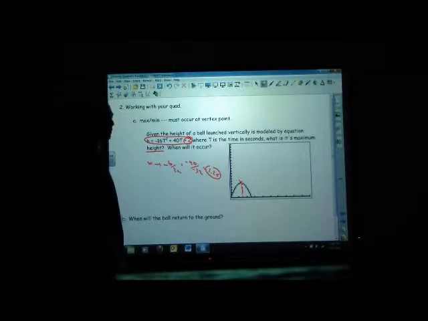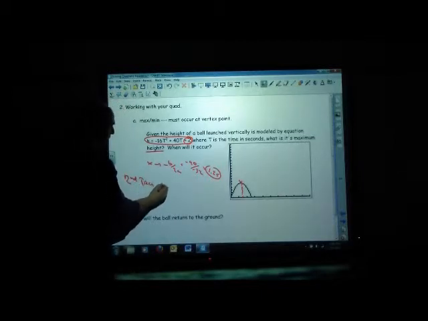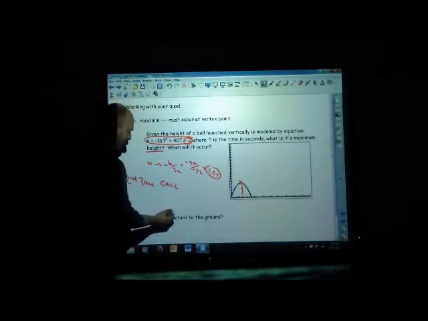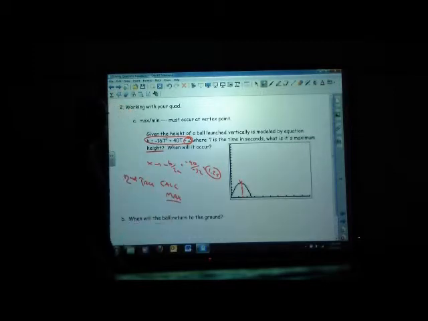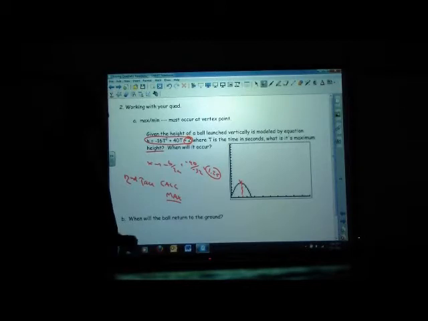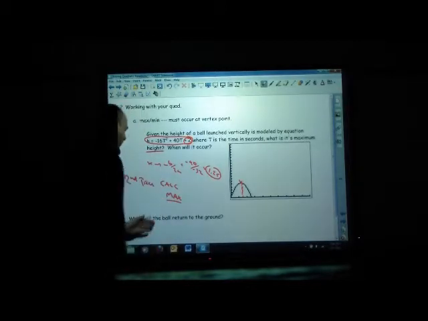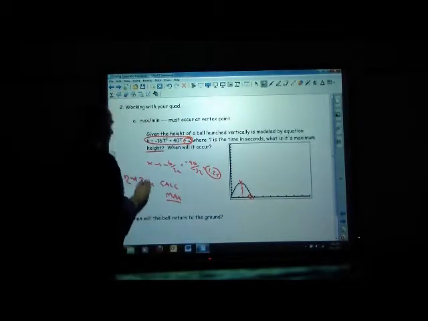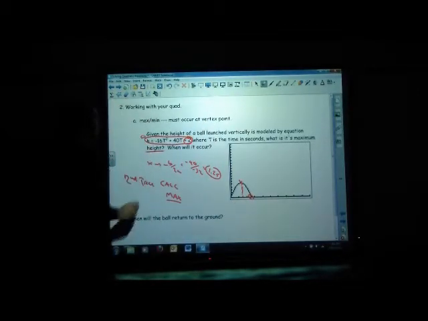But you can do that. A lot simpler to go on the graphing calculator and go second trace, which is calculate, and there's going to be an option that's going to say max, and you can find that. You have to go on both sides of the vertex point and get that. When will the ball return to the ground? Well, that's when this turns into 0.